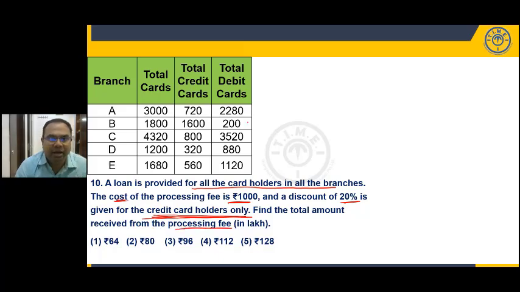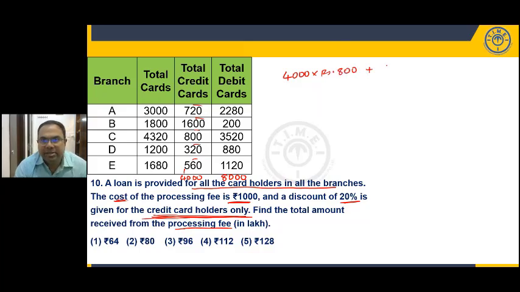Let me take the total debit cards from the previous question: 8,000. How many total credit cards? 4,000 credit cards. So 4,000 credit cards into rupees 1,000 with 20% off on the processing fee, which means 800 rupees.